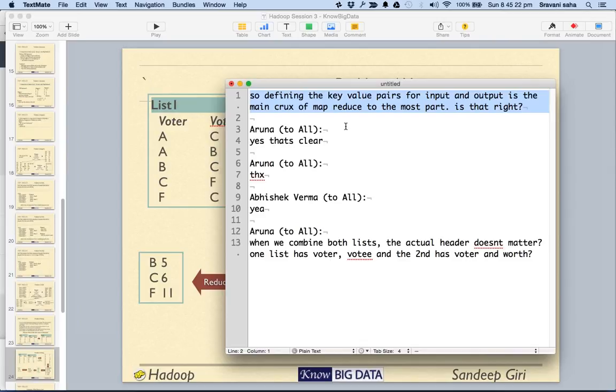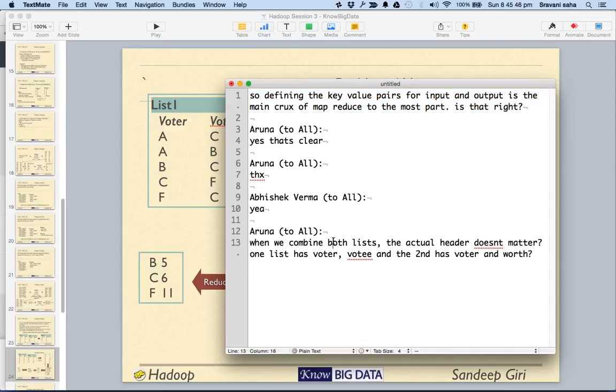The word count problem could be solved using an in-memory hash table, but we converted it into a sorting problem by saying that if we sort our data by the word, then we can count the words easily. Correct? So that's the main crux. And second is how to aggregate values. That's something which comes automatically to all of us.